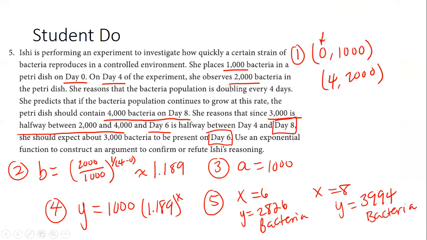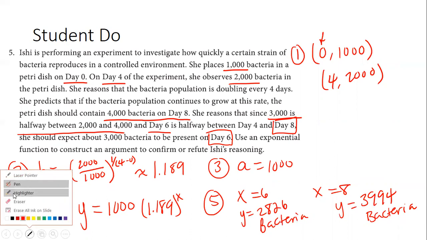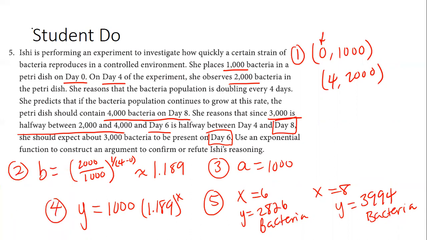Okay. The other thing I want to just reiterate is that we have gone through the steps of doing this as a regression model. So keeping that in mind, you can always follow our steps for creating a table using stat edit. If I wanted to solve this with the regression model, remember step 1, you're going to go to stat and press 1 for edit, and then input your values.